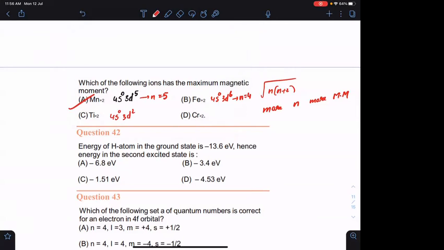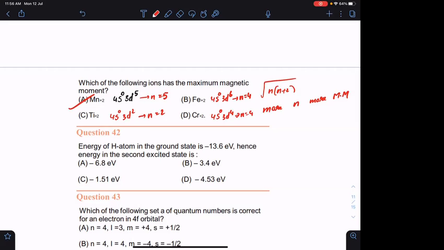Chromium plus 2 is 4s0 3d4. Here n equals 2, here n equals 4. Any doubt in writing the electronic configuration of these? No sir. First write the normal configuration. Whenever you are removing electrons, you need to remove them from the outermost shell.